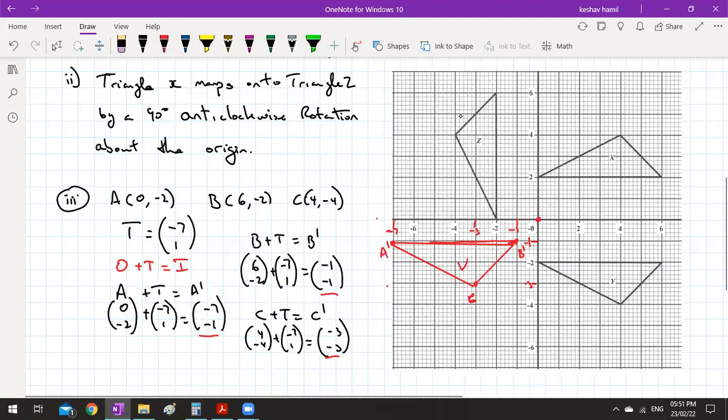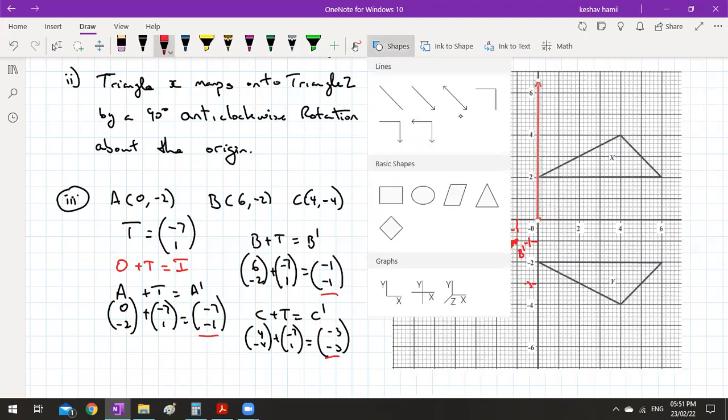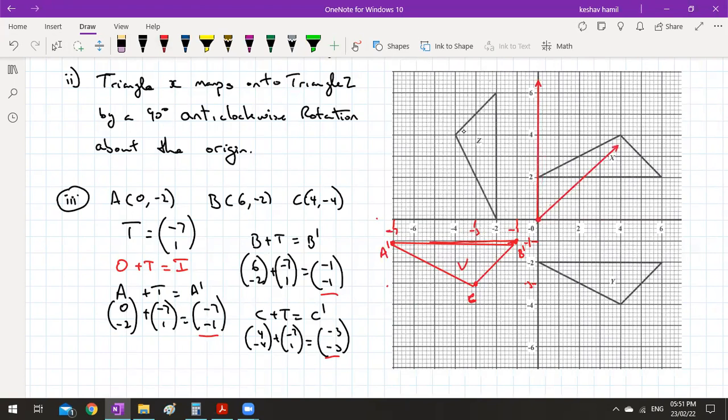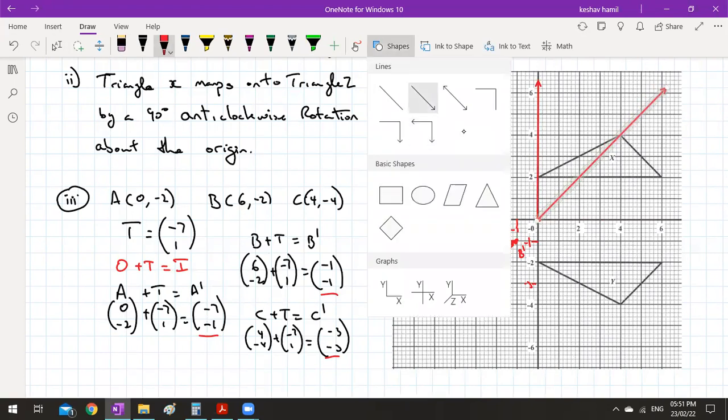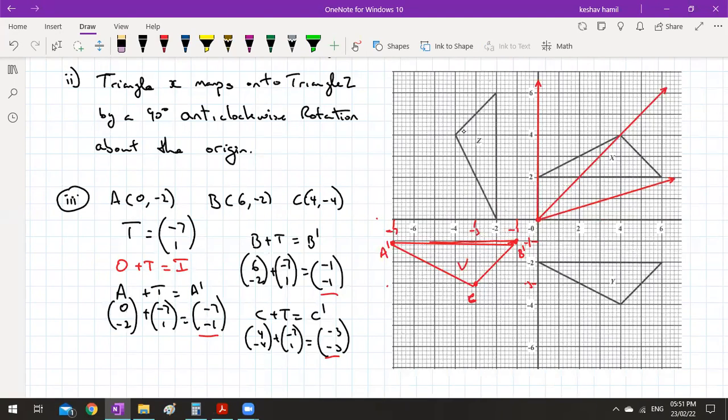If you were to think about it like this, you draw in lines here. And these lines are vectors, right? That passes through the point from the center.